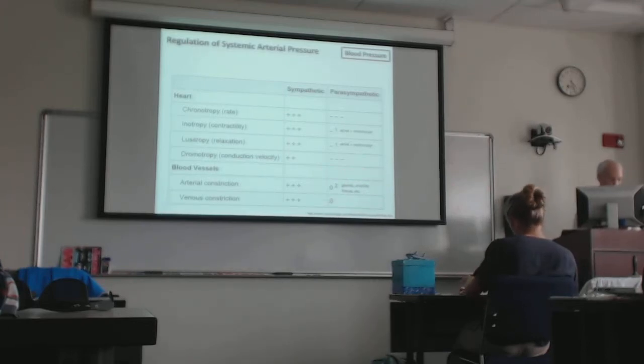So the little positive signs and negative signs on the heart: sympathetic increases chronotropy, parasympathetic decreases it rather powerfully too. And sympathetic inotropic effects are more important than parasympathetic and so on. So that's all those little positive signs mean. But this is the one that I wanted you to pay attention to here.